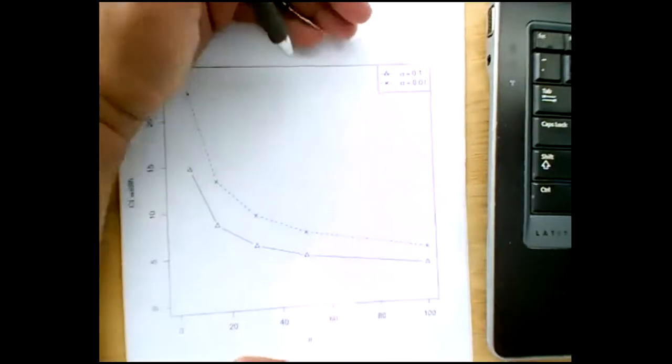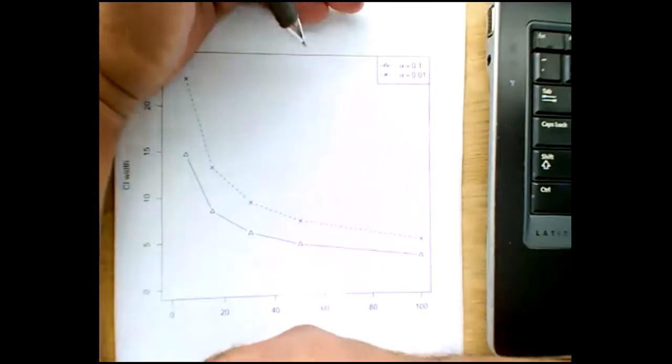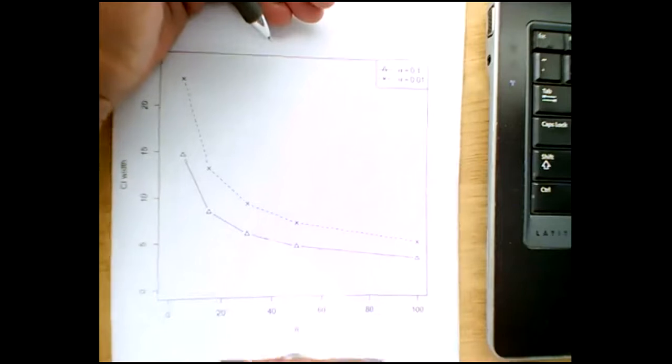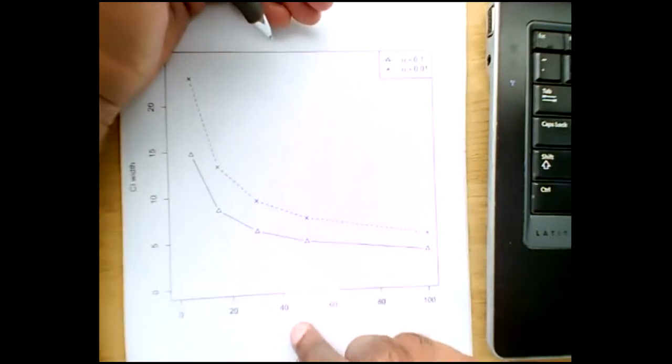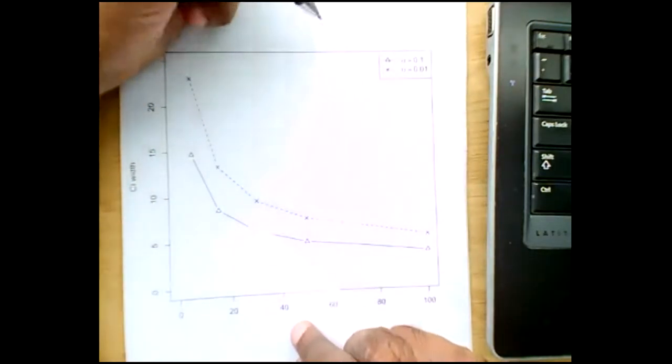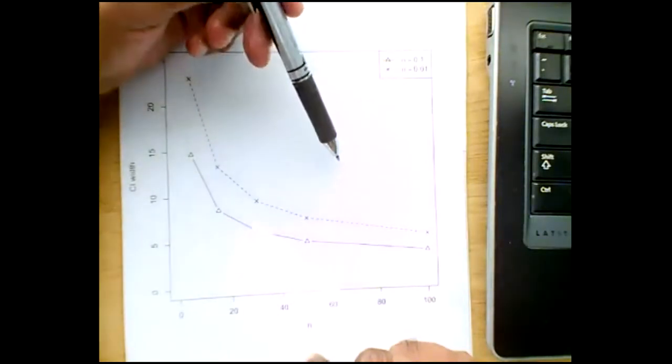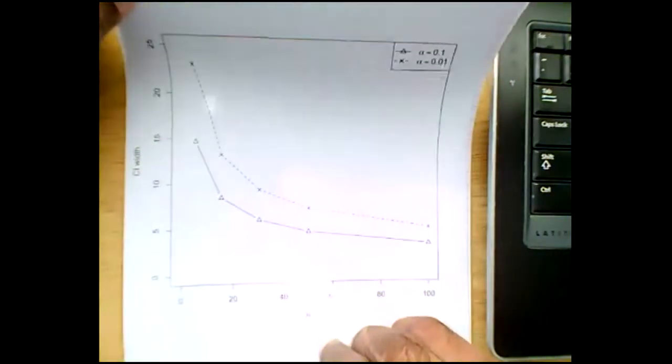What I have drawn here, guys, is the width on the y-axis, and on the x-axis I have drawn n. As you can see, the width decreases with increasing values of n.